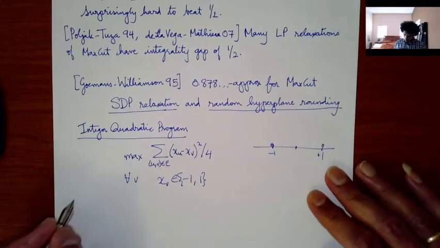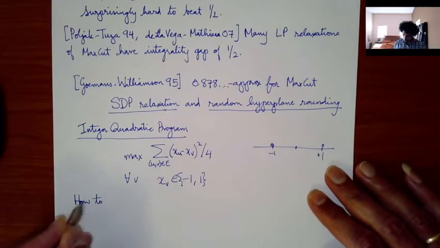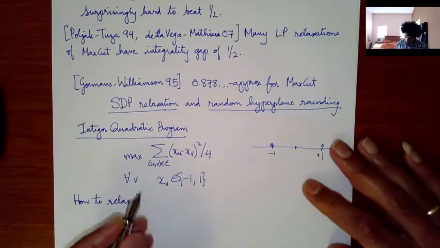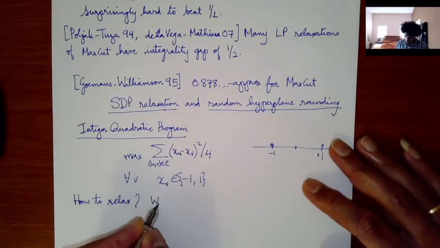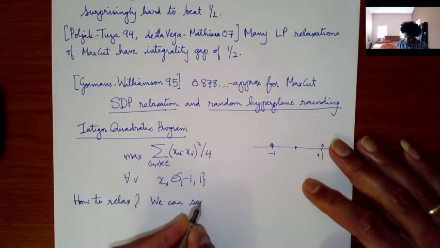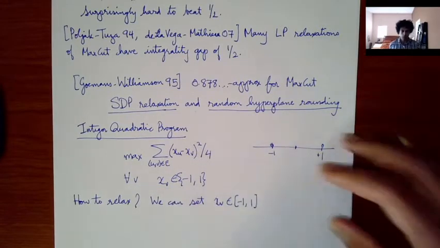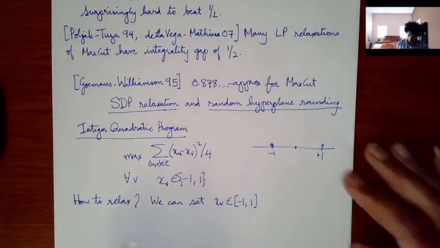And so how to relax this? A natural thought that you might have is to set xv to be in the continuous range -1, 1.